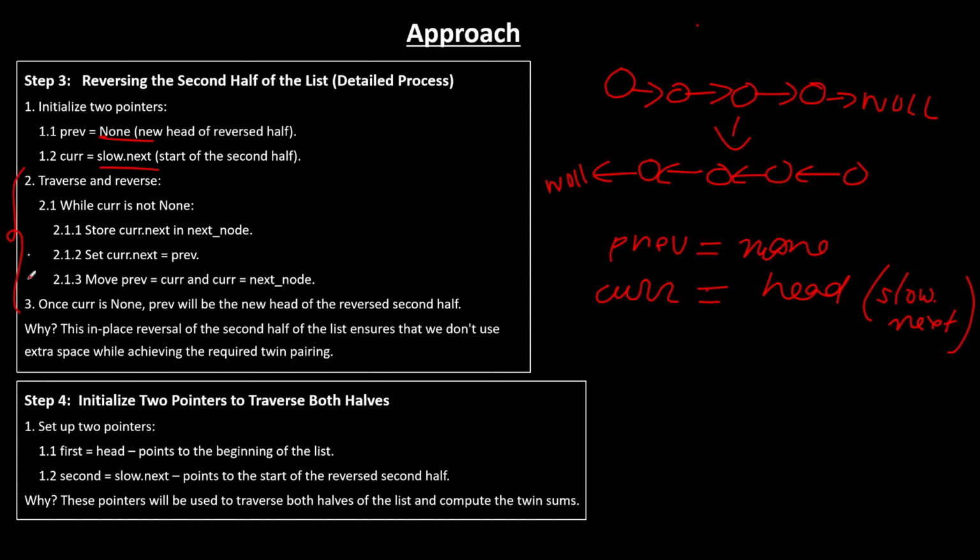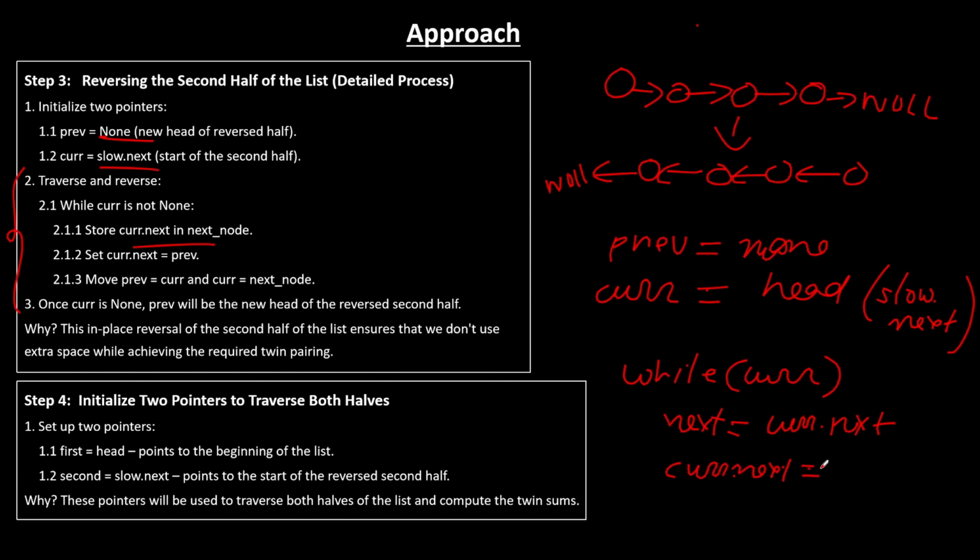Now we traverse the linked list. How do we traverse the linked list? While current exists. Fine. What do we do? We create another pointer next and store current.next in it, and then current.next points to the previous pointer.